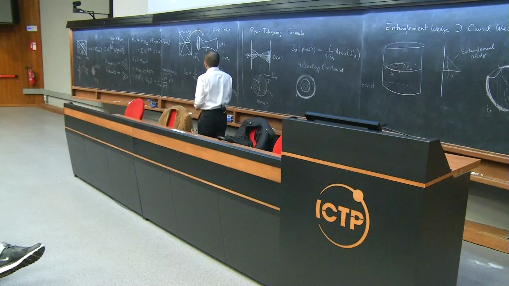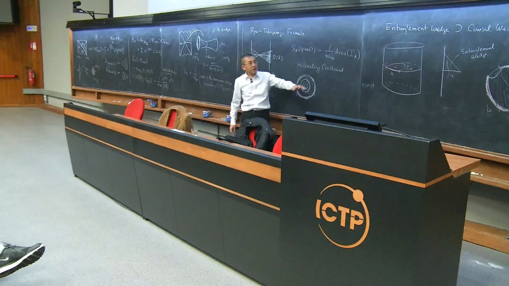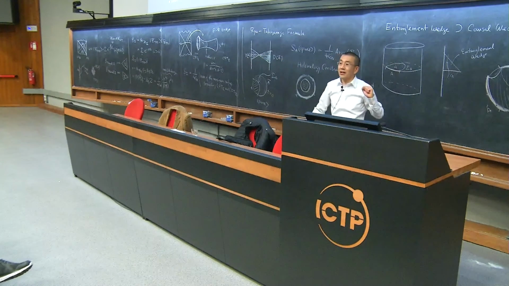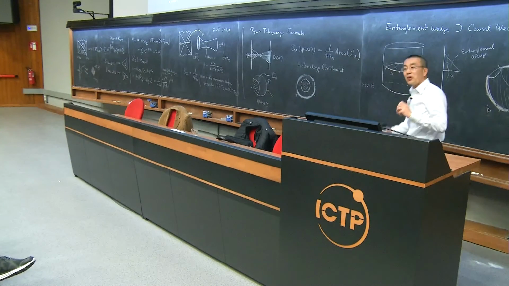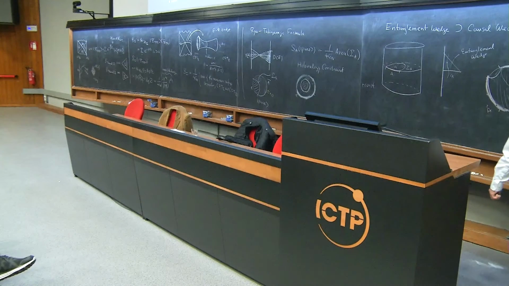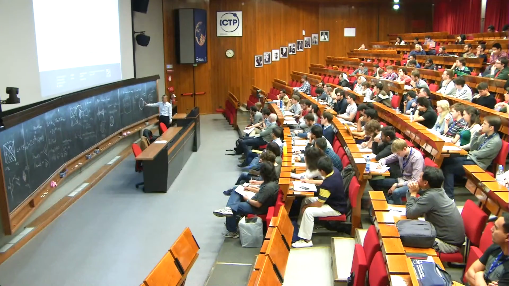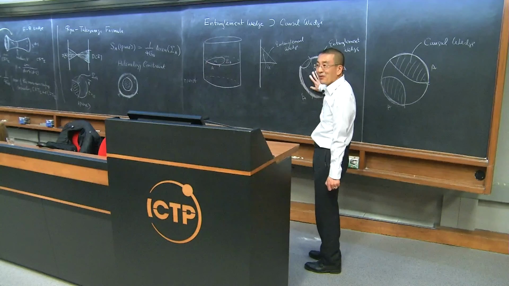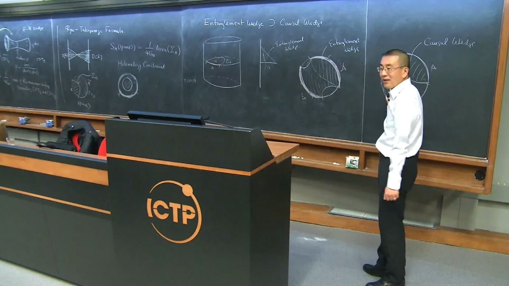But this existence of the entanglement wedge suggests that the reconstruction idea can possibly be generalized to a domain bigger than the causal domain. You can ask, can you actually reconstruct states in the entanglement wedge rather than the causal wedge?